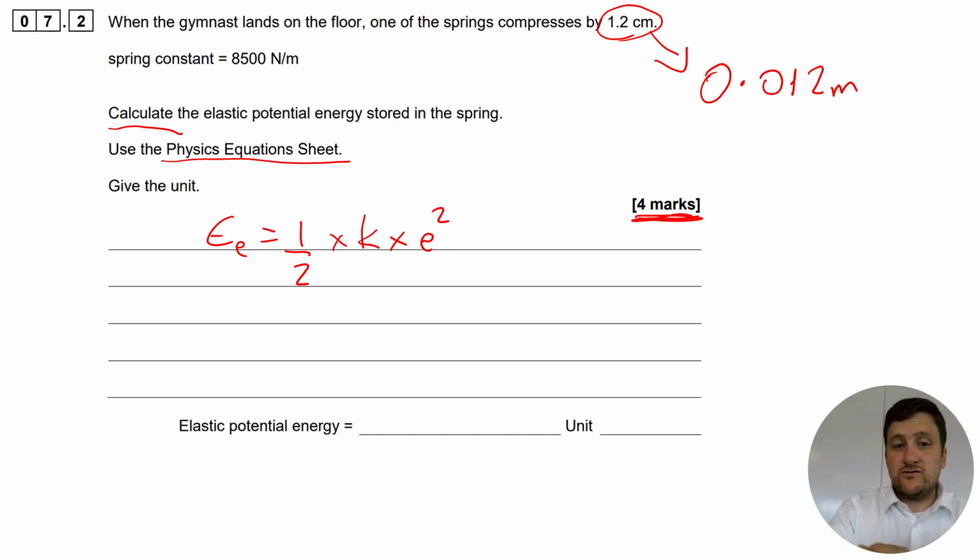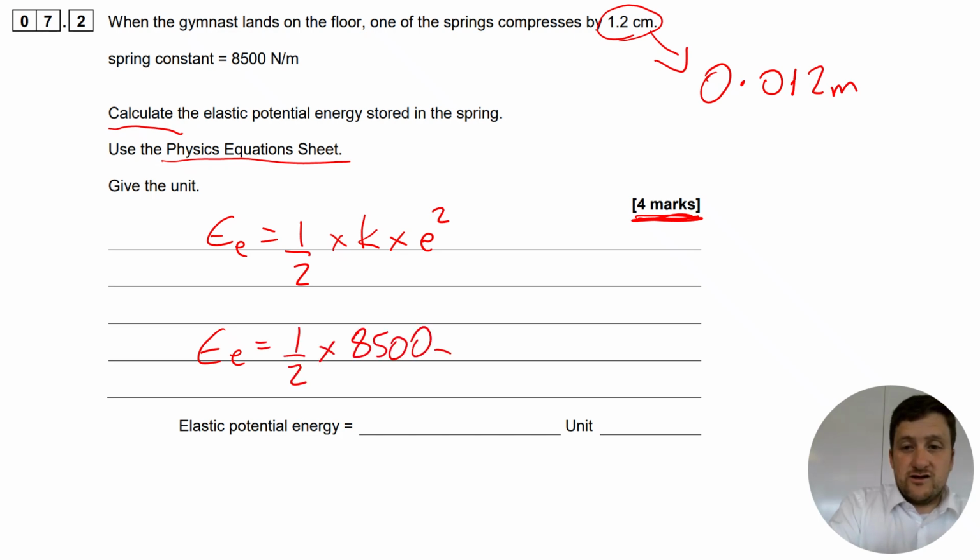That's our equation. So if we substitute our numbers in, that's half times 8,500 times 0.012 squared. Again, it's quite easy to forget that square, so don't miss it out.